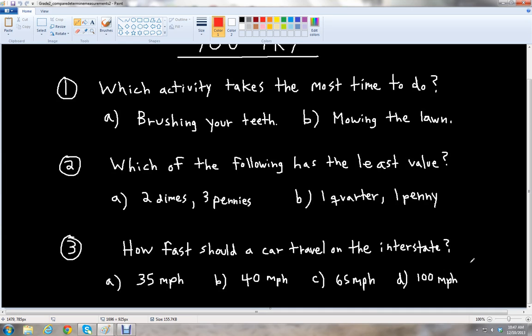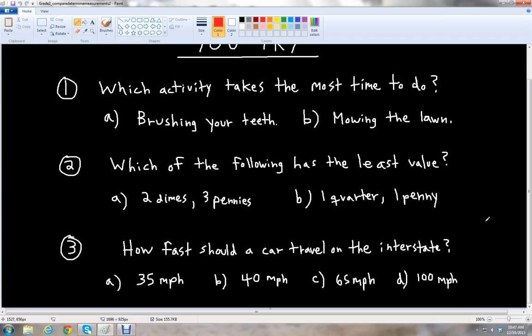The interstate is where cars can travel from one city to another and get there a lot faster than they can on regular roads. So think about that when you're answering this question.